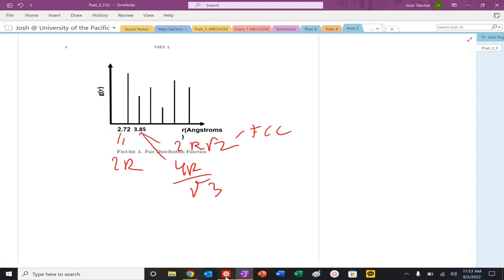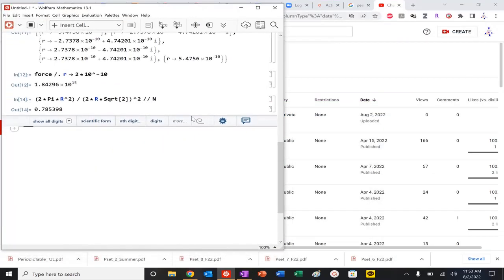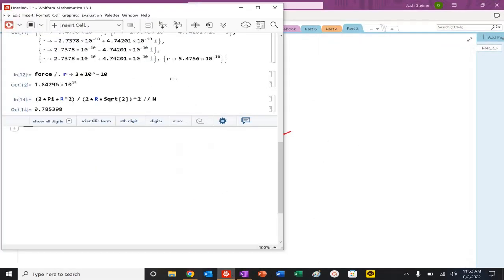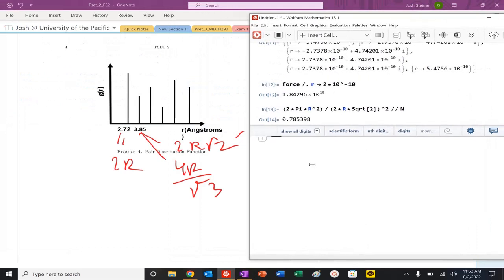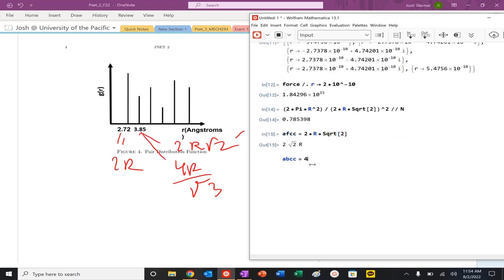So, for example, I'm going to do Mathematica. Let's pull up Mathematica. All right. So I'm going to say, for example, A FCC is equal to 2 times r times square root of 2. A BCC equals 4 times r divided by square root of 3.